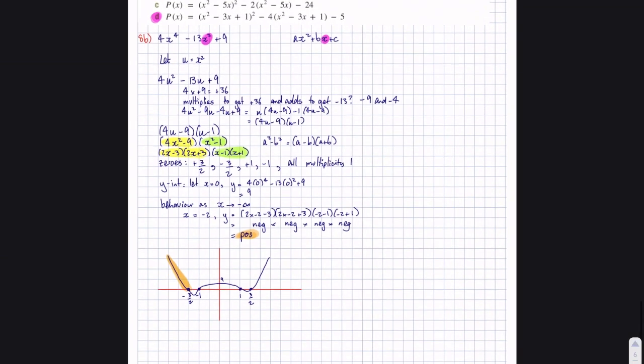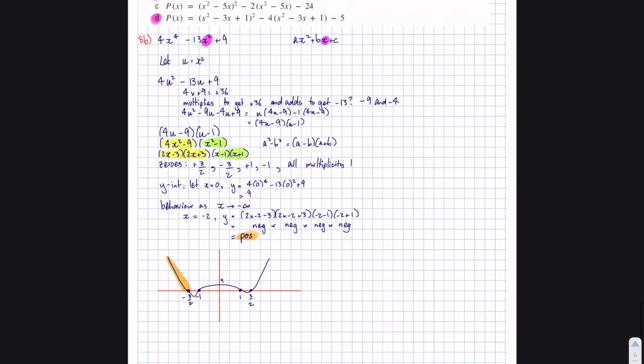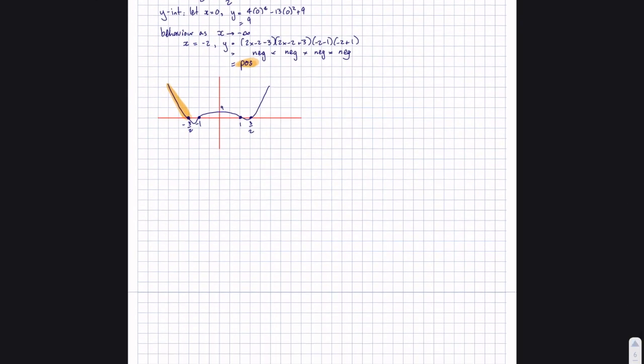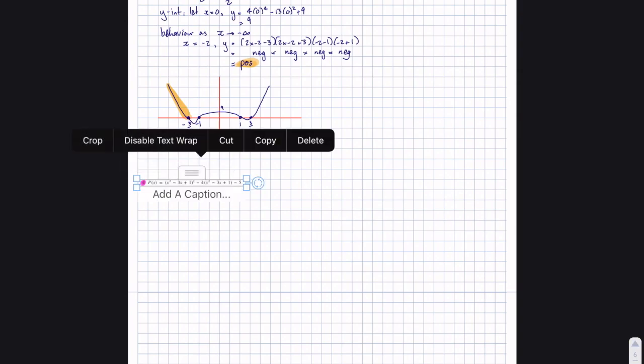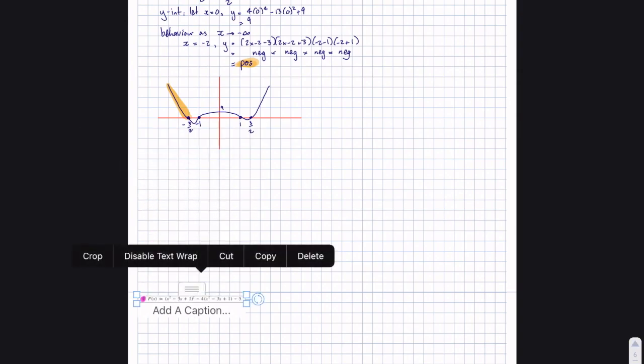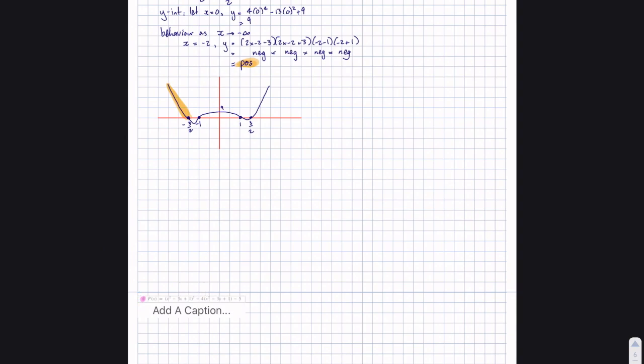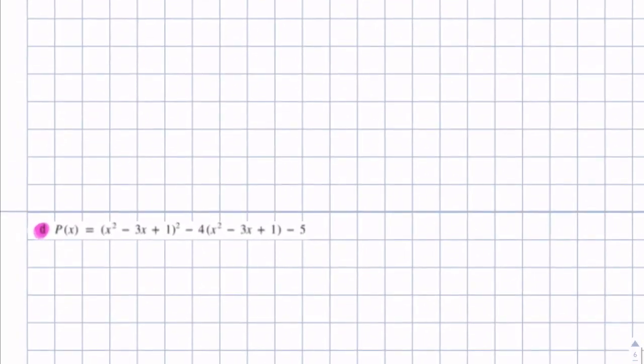For 8D, we have a slightly harder process. Let me copy this question. Actually, I'm going to do it down here. We're going to need a lot of space for this one. Okay, this time I'm going to say let u equal x squared take 3x plus 1.